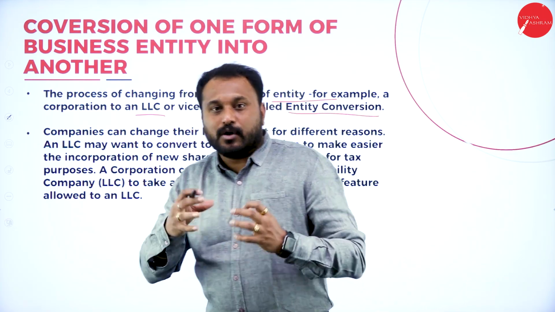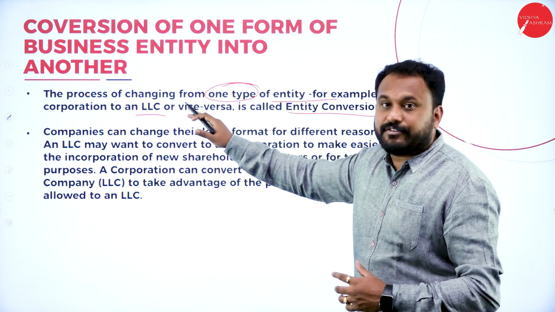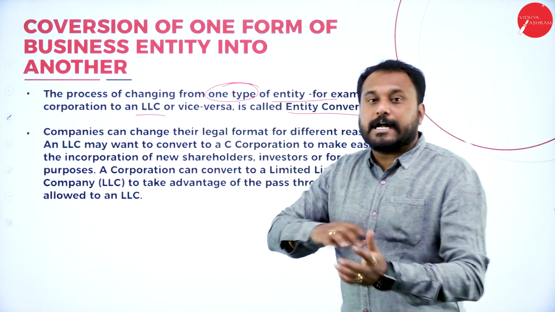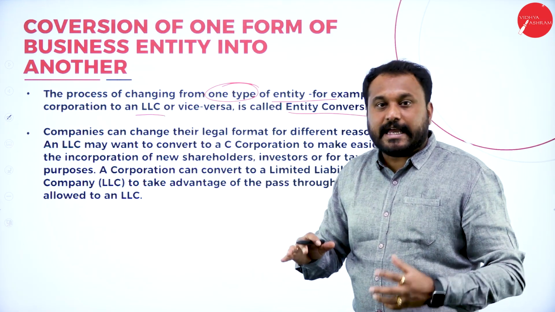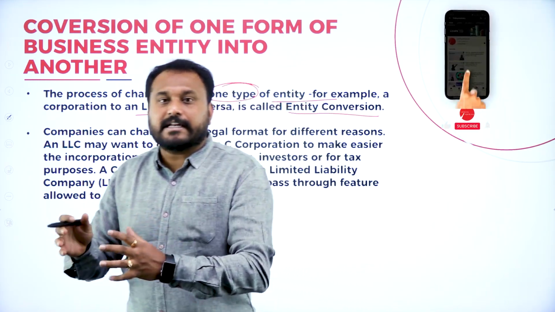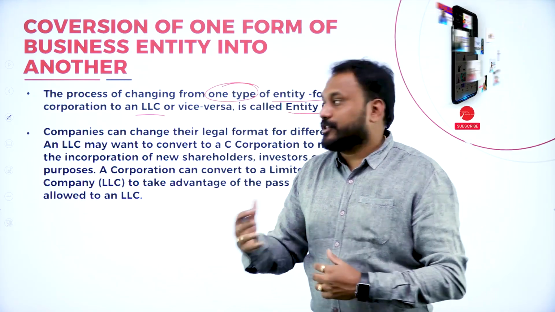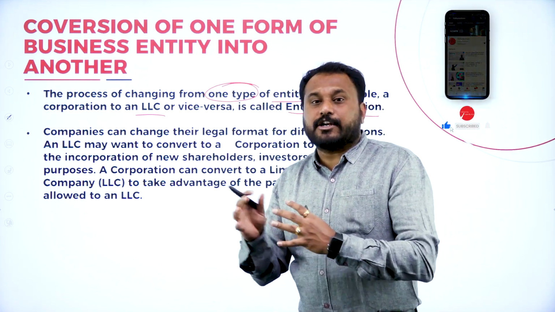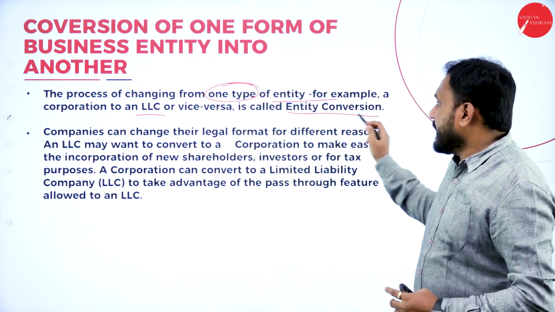If you get a question like what is entity conversion, you are supposed to answer with the process of changing from one type to another, as well as vice versa. Like a corporation wants to convert itself to a limited liability company, then you call that entity conversion. So the process of converting one entity to another entity, we call that entity conversion.